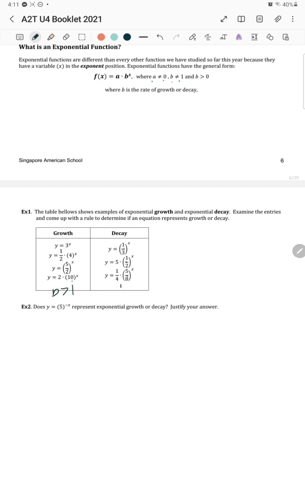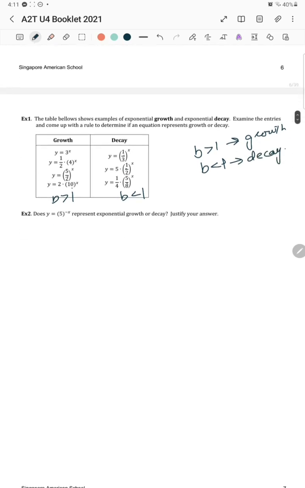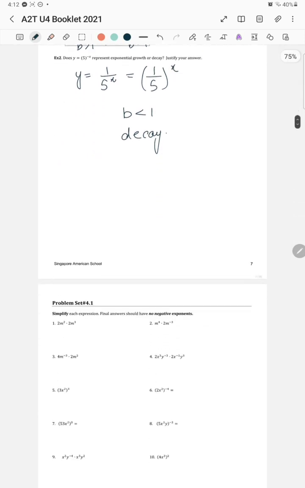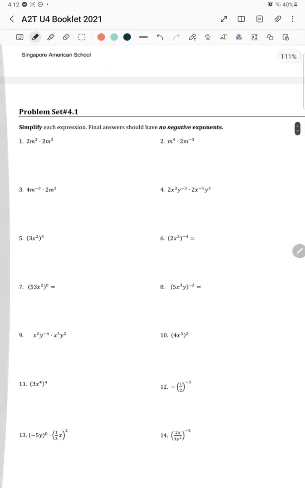If b is less than 1, it represents decay. Okay, let's simplify this.